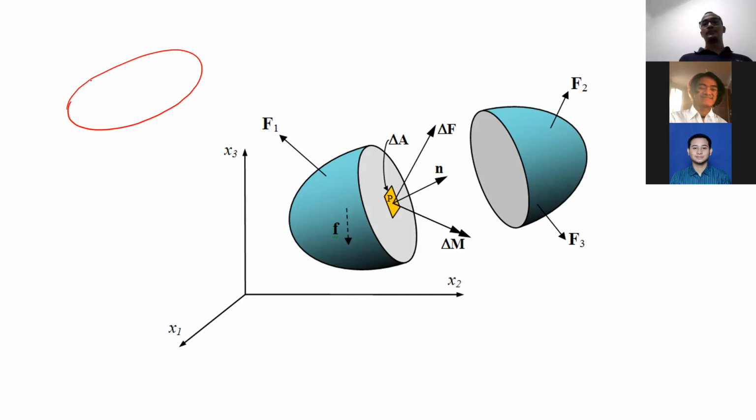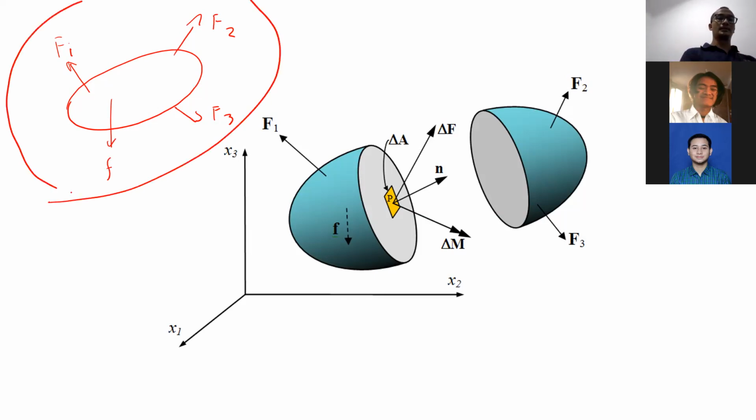If you have a stone and there are several external forces, F1, F2, F3, working on the surface of the stone as external force, and then we have a gravitational force as well, F. What we are talking about here in this particular free body diagram is external force. That's the thing that we learned up until now.